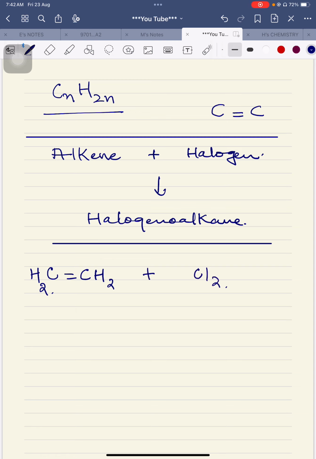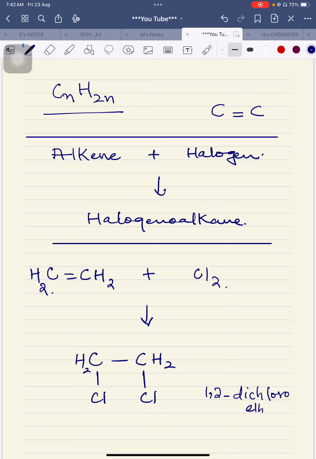Let's take chlorine, and after this reaction it is going to change its double bond into a single covalent bond. Remaining hydrogens will be as they are. So this is Cl and this is Cl, and what will be the name? 1,2-dichloroethane. It should be on the same line, there was no space, that's why I have written it like this.